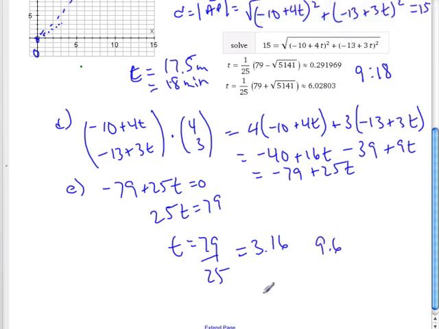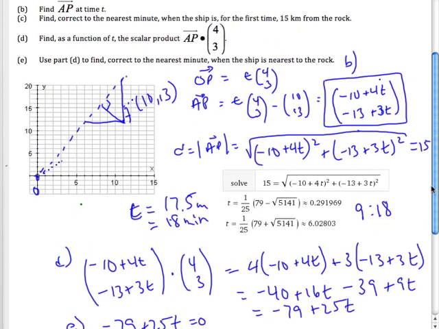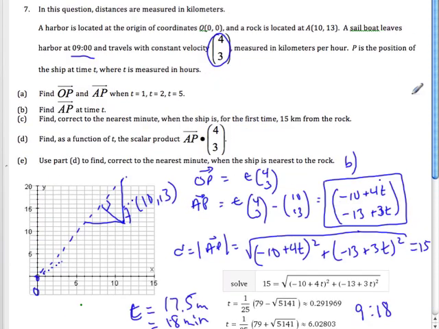So 3 hours after 9 o'clock is 12. To the nearest minute, that's 10 minutes. So it is closest to the rock at 12:10 because I started at 9 o'clock. Here's the starting time, 3 hours and 10 minutes later.